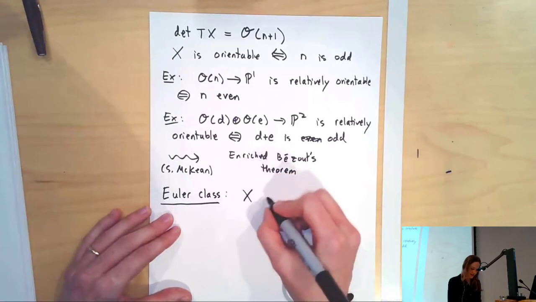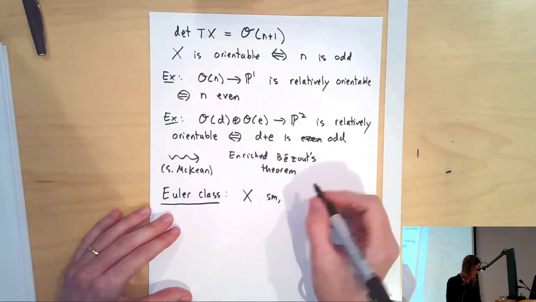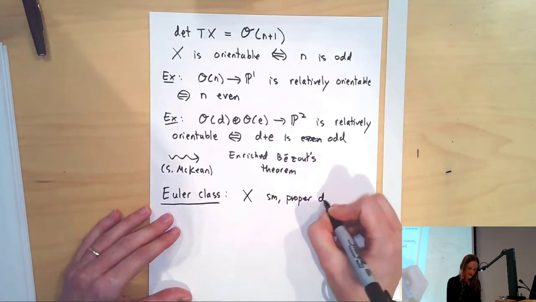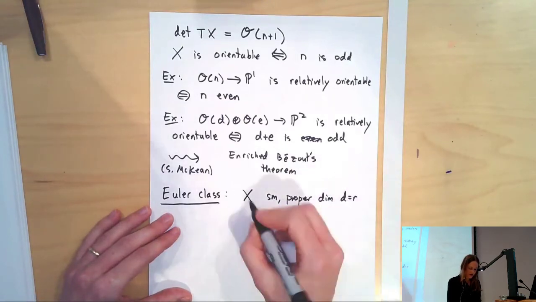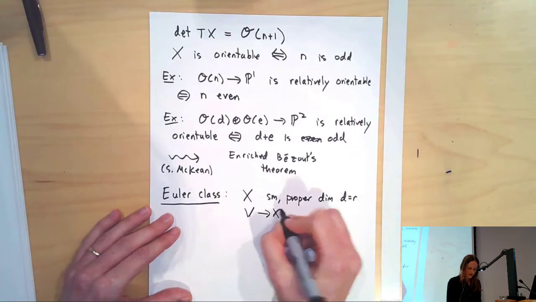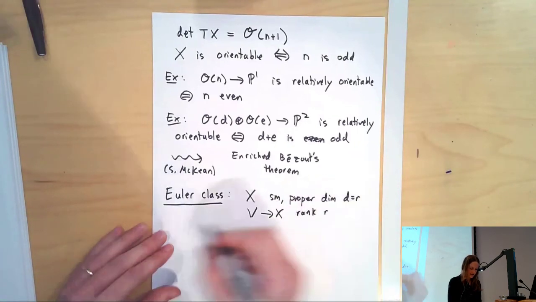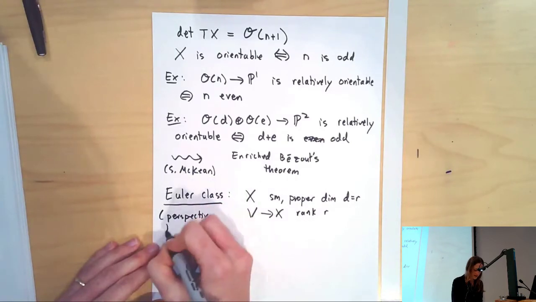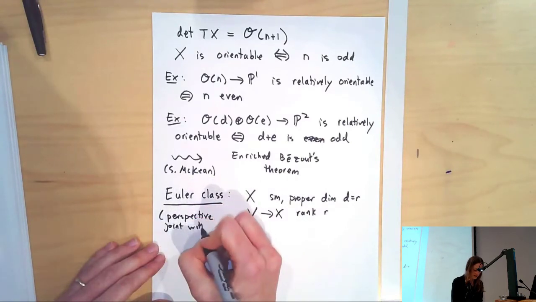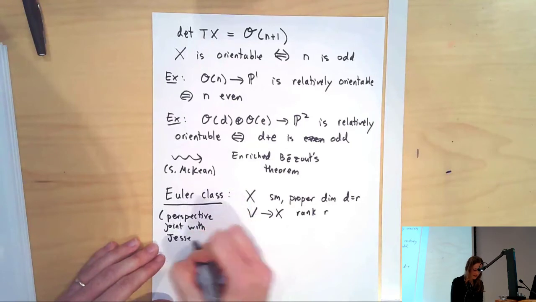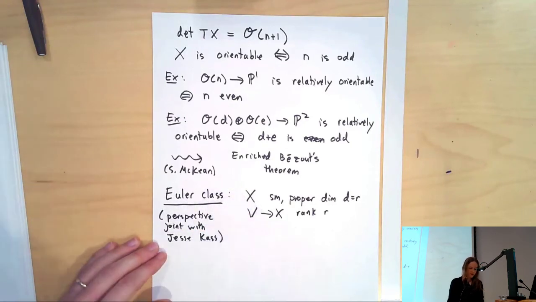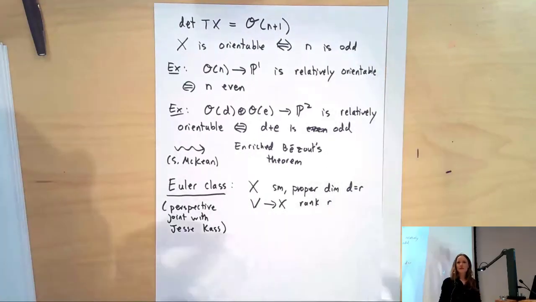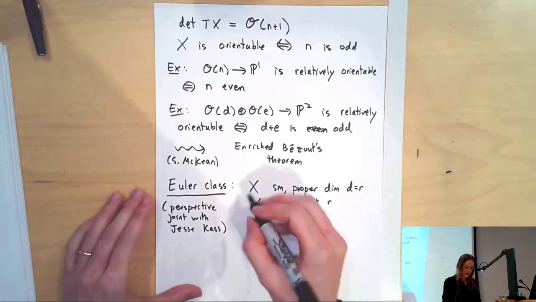So let's let X be smooth proper of dimension D equals R, and V over X of rank R. And this perspective is joint with Jesse Kass. There are earlier perspectives, and the first is by Barge and Morel, and we'll do those, but we're going to start here.